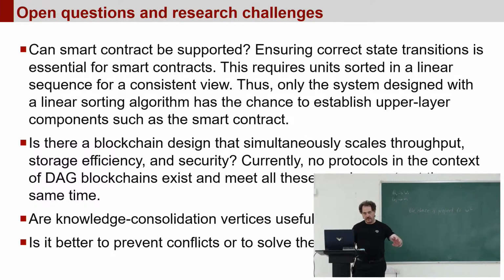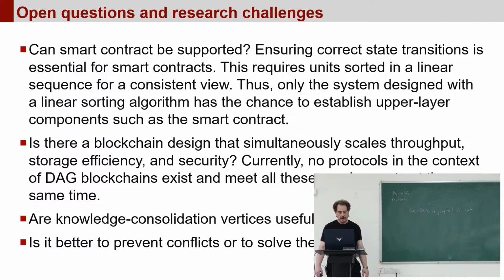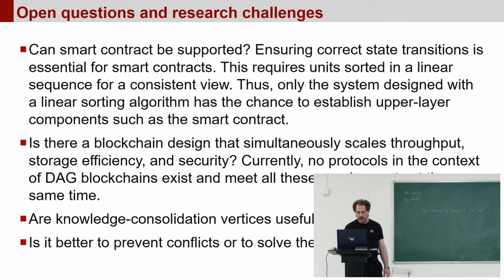There are some systems which definitely support smart contracts. But it's a challenge because ensuring correct state transition is essential for smart contracts, and this usually requires units sorted in a linear sequence for a consistent view. Therefore, only a system designed with a linear sorting algorithm has the chance to establish upper layer components such as smart contracts.